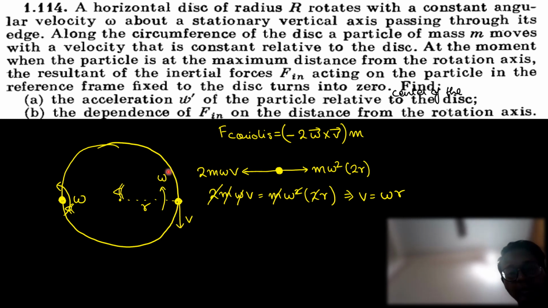So this entire disk is rotating with angular velocity omega with respect to someone sitting at the center of the disk, and this particle is moving with velocity v. So according to these two observers, what was the velocity v? The velocity v was omega r, fair and fine.